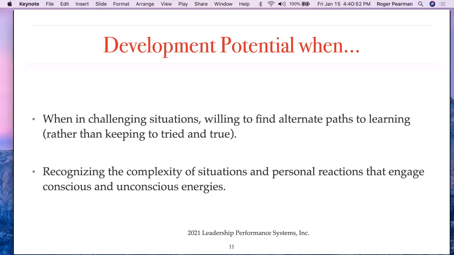We know that when in challenging situations, we tend to rely on a certain path, but that doesn't always serve us. We keep to the tried and true, but it may not be as useful for us.